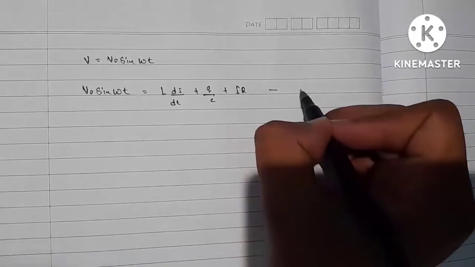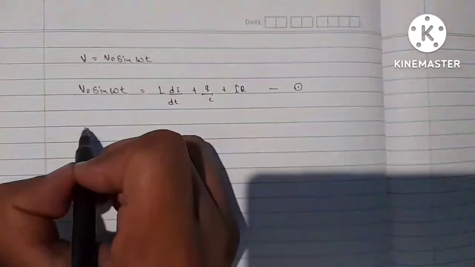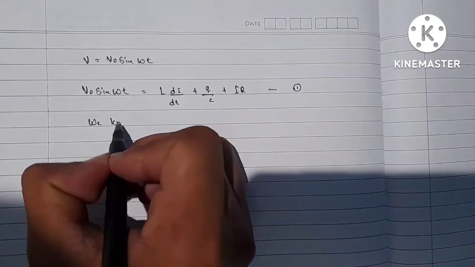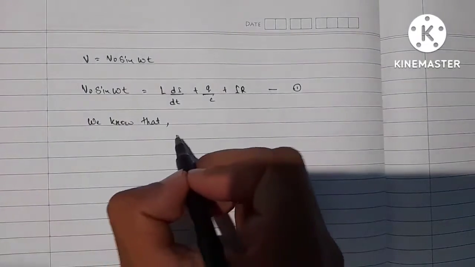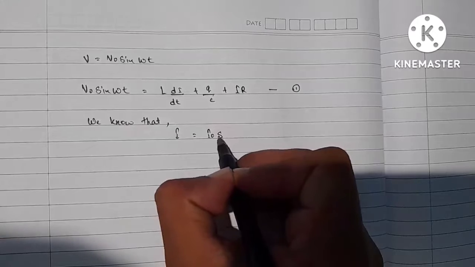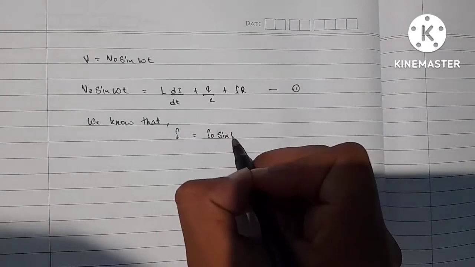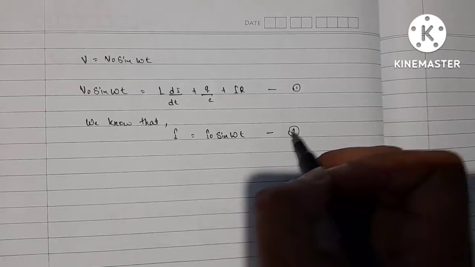Let this be equation number 1. Now we know that the current flowing through the circuit is I naught sin omega t. Let this be equation number 2.